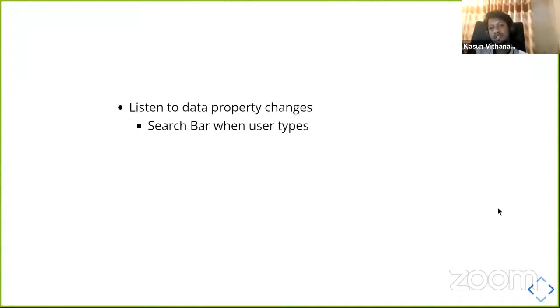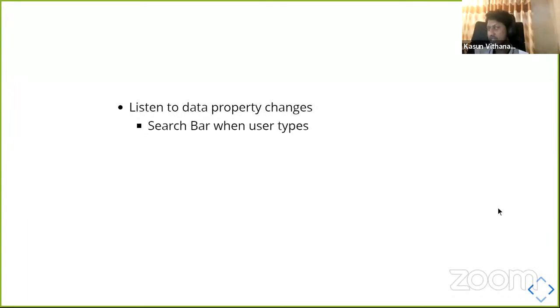But there are certain situations where you might want to do some other tasks instead of just updating the UI. For example, imagine that you are developing a really cool application and you have a search. When you type something in the search, it should fetch the data from the backend, and then display this data to users.